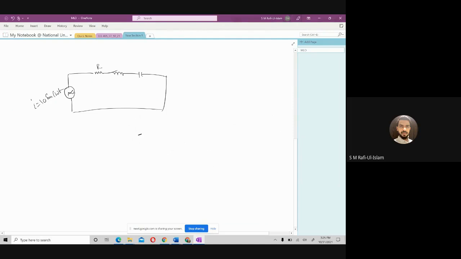Give any value, 0.1 Henry, and let's say 10 microfarad or something like this. The question had 0.01 farad. Okay, we'll go for 0.01 farad, not microfarad.